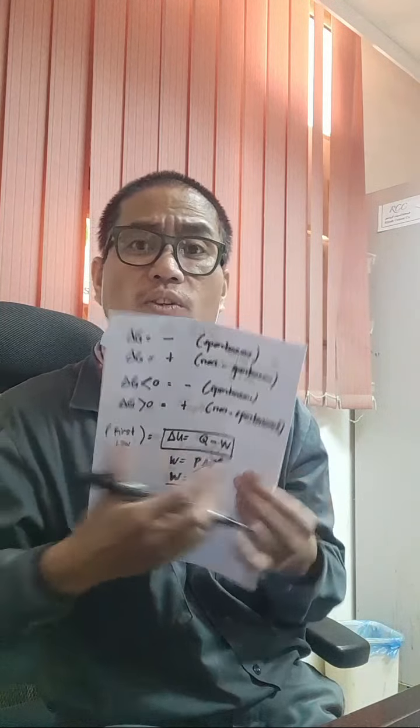So if we have the general equation of the second law of thermodynamics, which is this, delta G is equal to the second law, which is the change in enthalpy minus T times entropy.